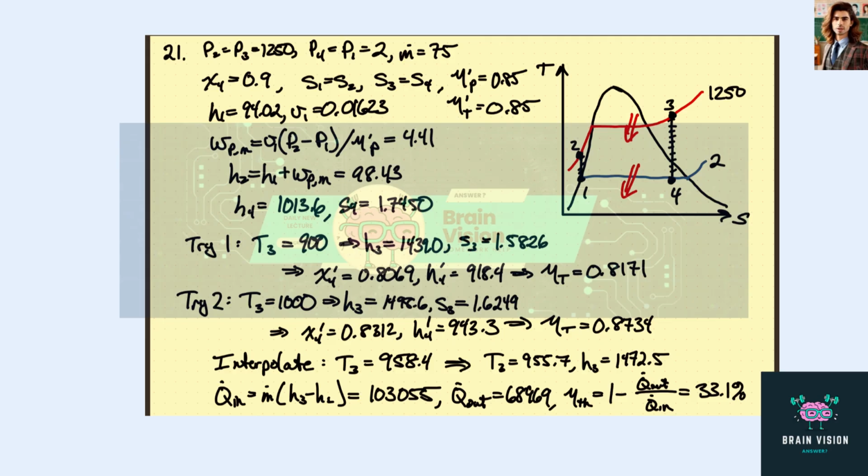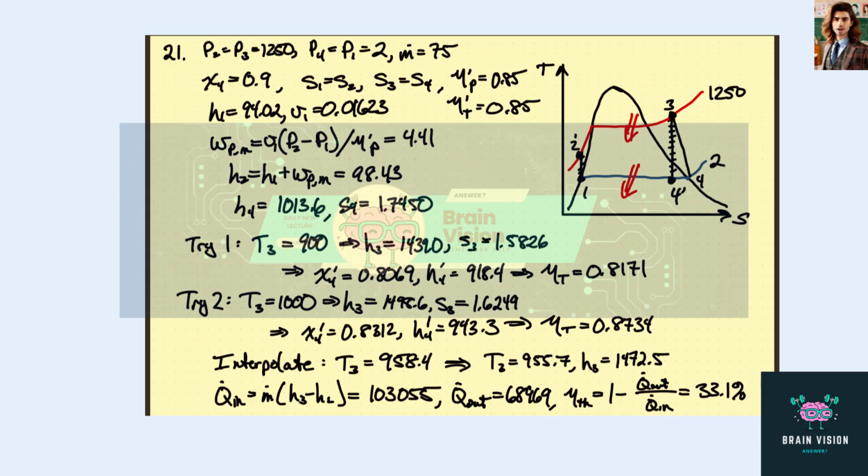Welcome to Brain Vision. We're going to repeat the previous problem, but now assuming we have isentropic efficiencies of 85% for both the pump and the turbine. So now I should adjust my chart here, which I forgot to do. Add in these primes. And now this should be coming down here. Let's say it stays saturated vapor. I'm not sure where it actually winds up. Did I actually calculate 4 prime, 4?